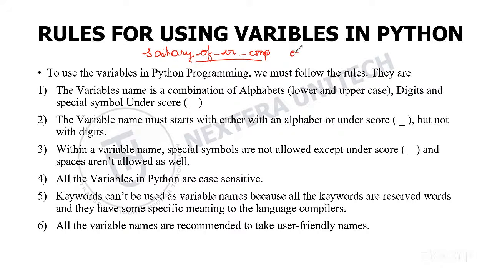So I can just write it as employee underscore salary. When I write this, anyone can understand that it is the salary of an employee, instead of writing just x, which is a small variable that no one can understand is the salary of an employee. And instead of giving a longer variable name, which is very difficult to use many times, we can just give emp underscore salary for any salary of the employee.